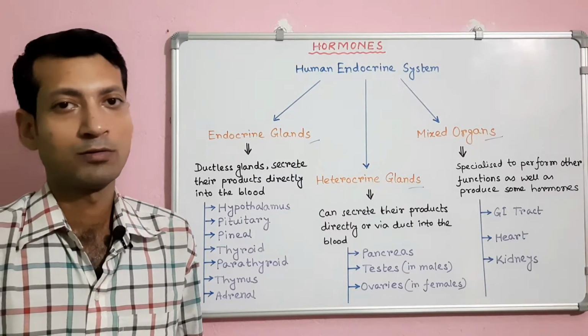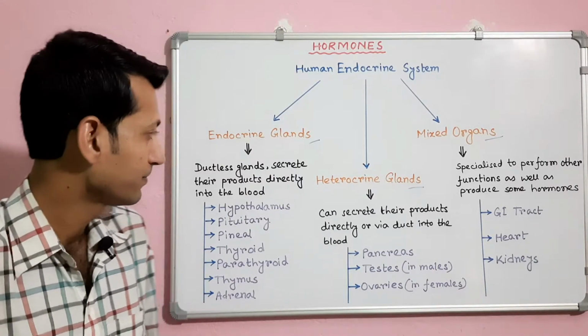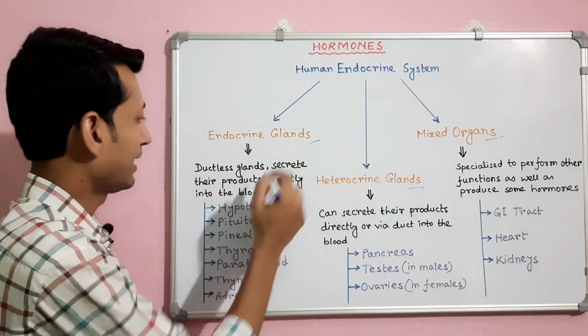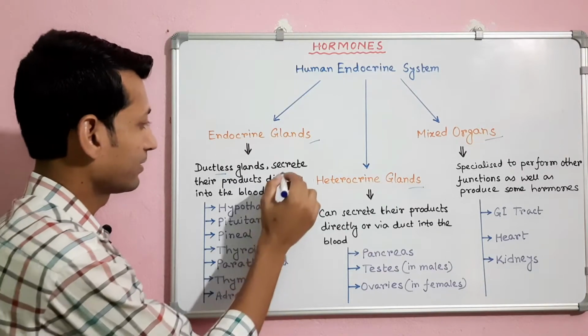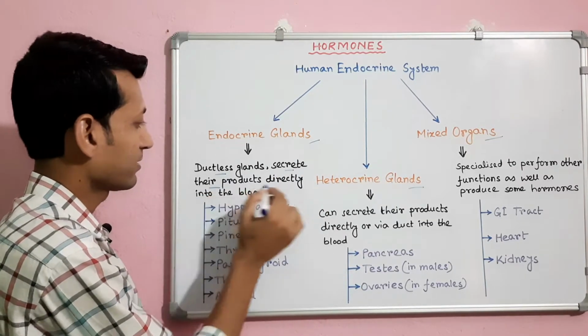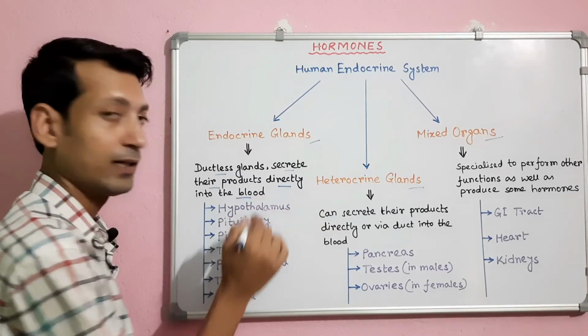You all know what endocrine glands are. Endocrine glands are ductless glands and secrete their products directly into the blood.